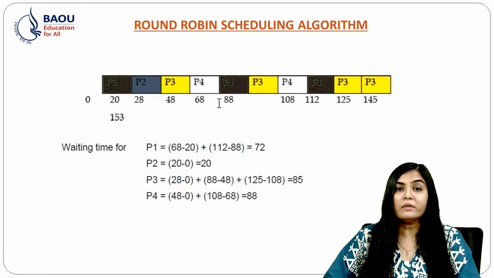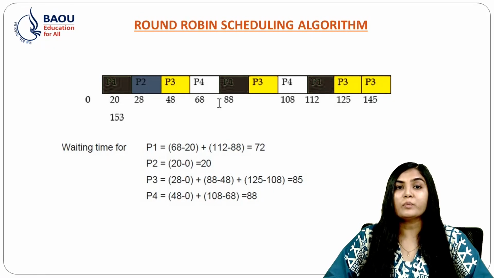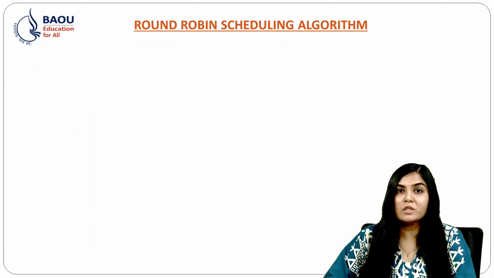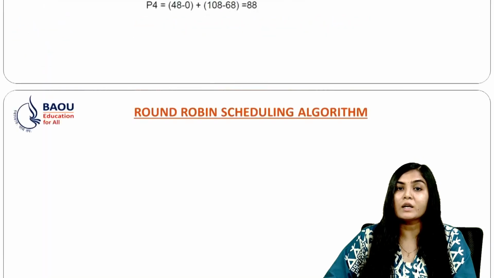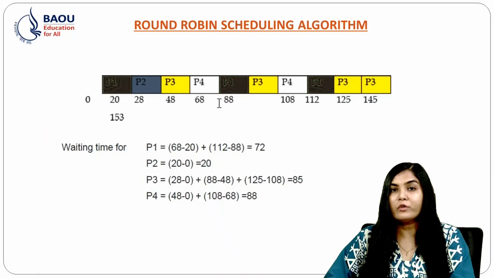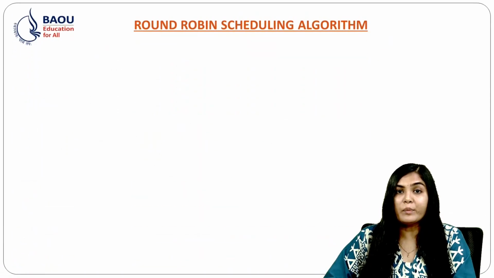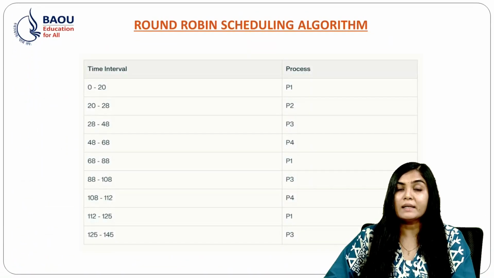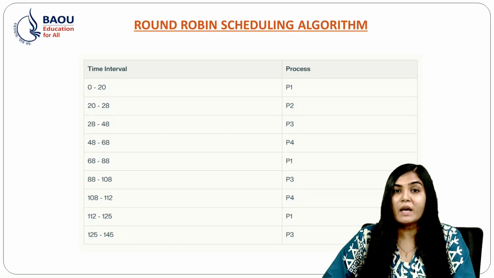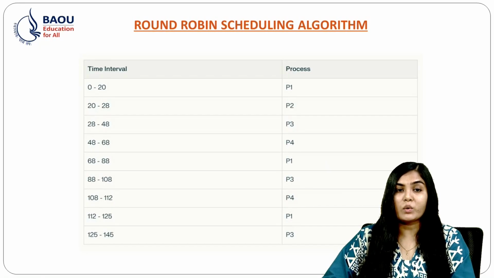Next, we will understand the execution sequence of this round-robin algorithm. P2 and P4 finish early because their burst times are less than or just over the quantum. P1 and P3 need multiple turns because their burst times are much longer.